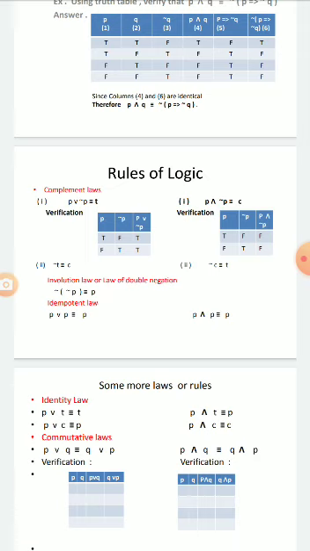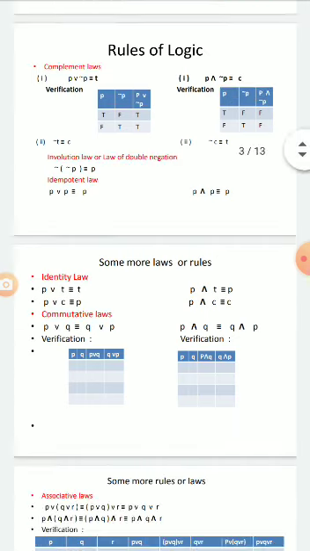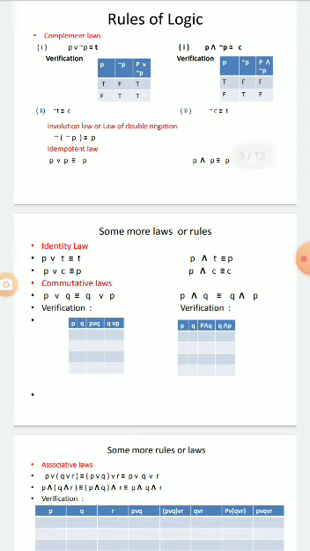Then the idempotent law: P or P is equivalent to P, and P and P is identical to P. So these are the same as those of sets. Then we have identity laws.